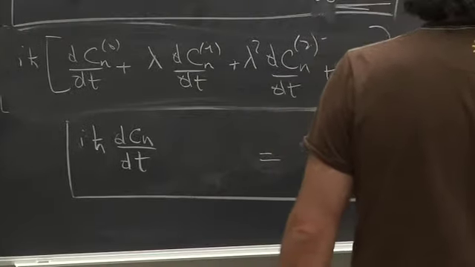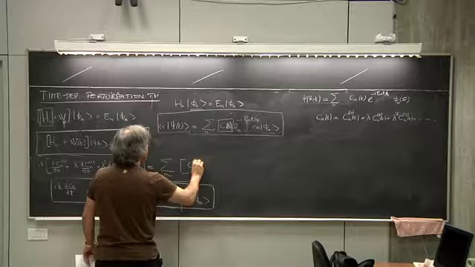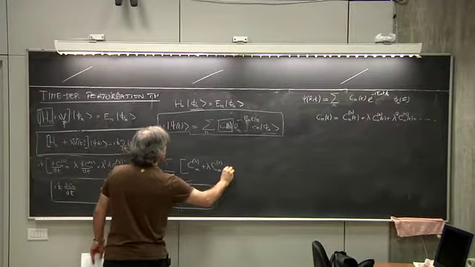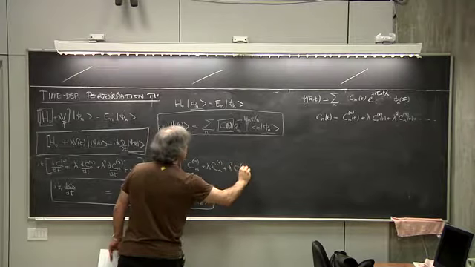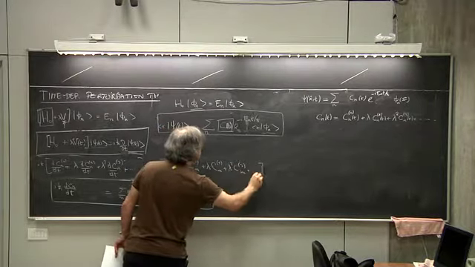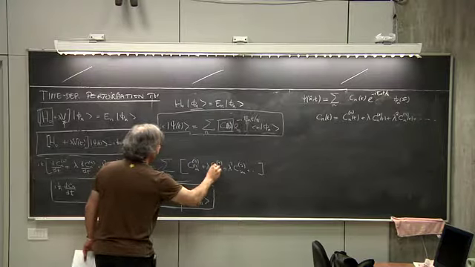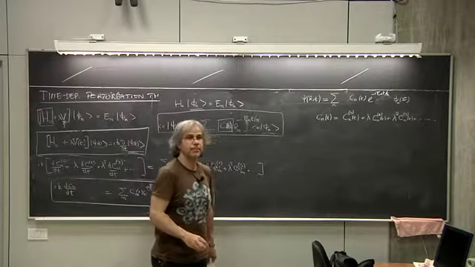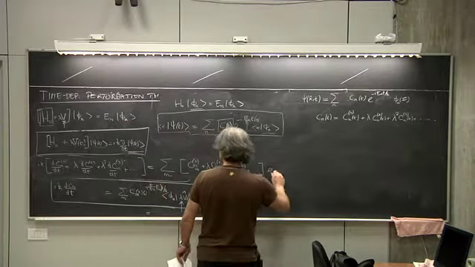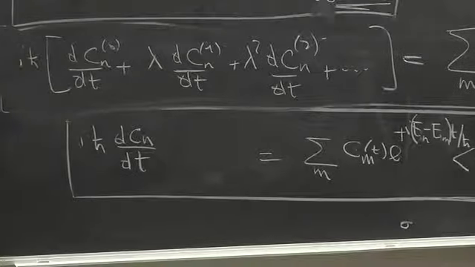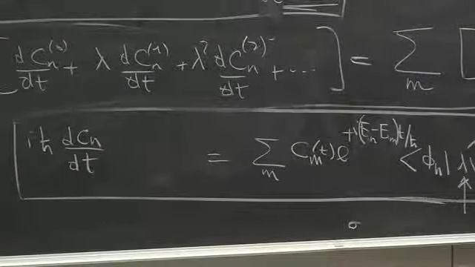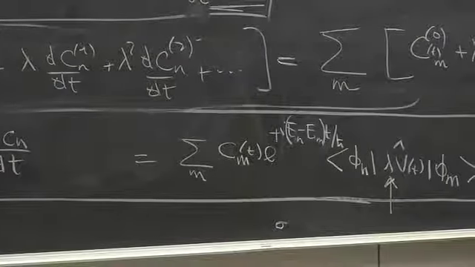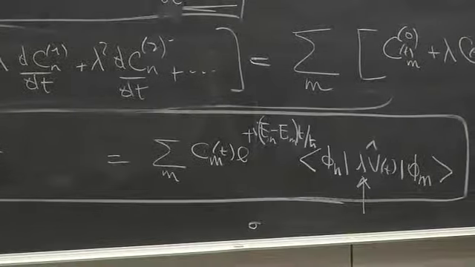So here I have C0m plus lambda C1m plus lambda squared C2m plus dots. There is a t obviously here, but let me write it. Times e to the i, En minus Em, t over h bar, times phi n lambda V phi m.